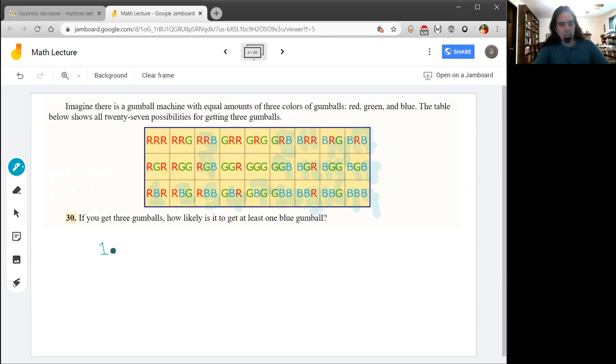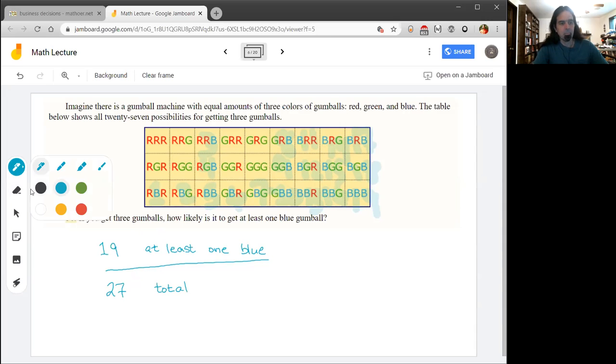So we had 19 with at least 1 blue. We had 27 total. So it's about 0.7.